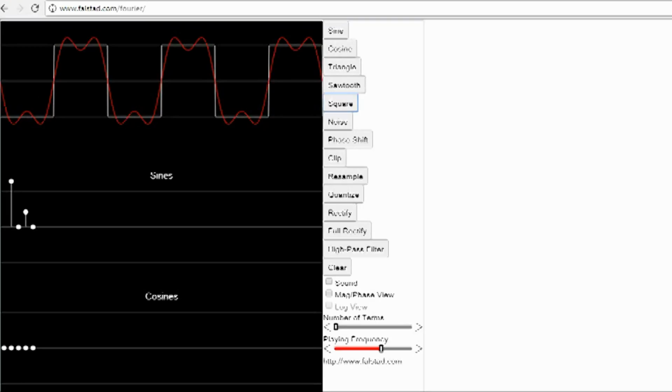As I increase the number of terms, you see that the red waveform, which is the summation up to that many terms, goes on becoming closer and closer to a square wave.